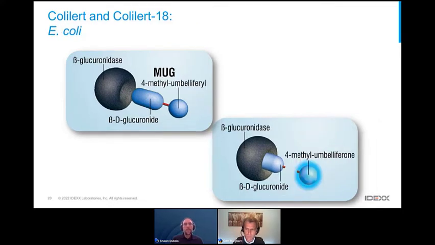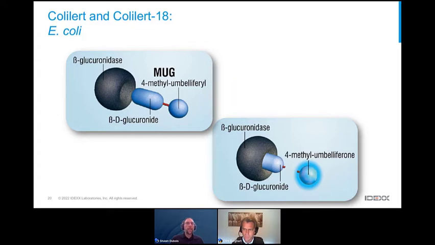The second indicator present is 4-methylumbelliferyl beta-D-glucuronide. It's a very similar concept. We have a nutrient that's bound to an indicator. And now what we're looking for is the presence of E. coli. E. coli is a total coliform, so it contains the enzyme in order to utilize the ONPG.